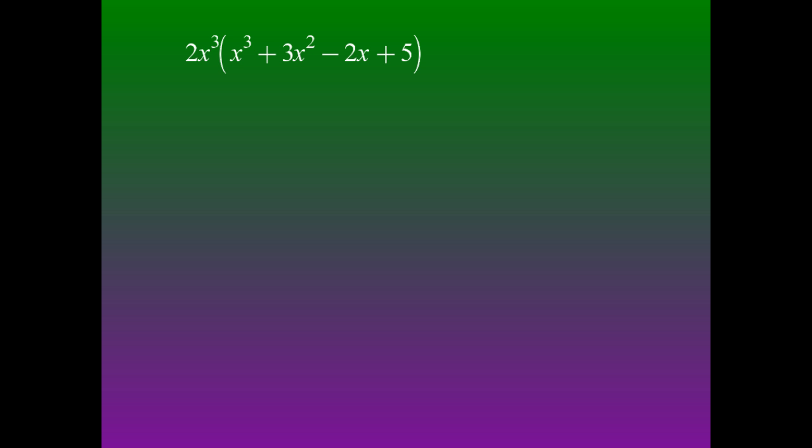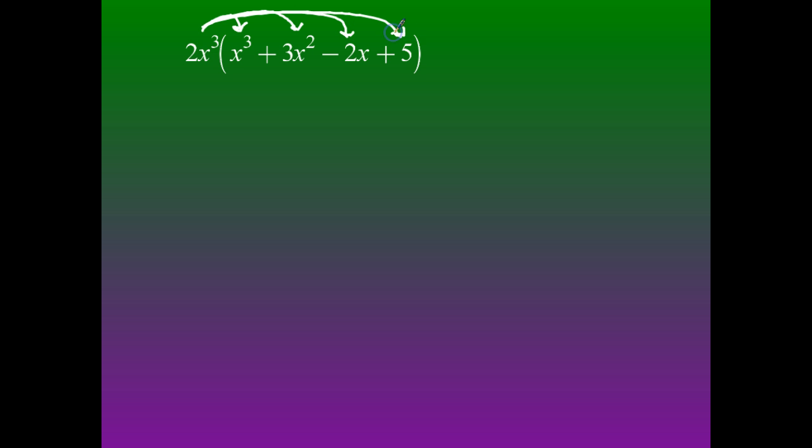We talked earlier in the year about when we multiply different terms with the same base and different exponents, we will add the exponents, right? So if I take 2x cubed and I multiply it by this thing here, this is going to be a large distributive property. So I'm going to take 2x cubed and multiply it there and here and here and here.